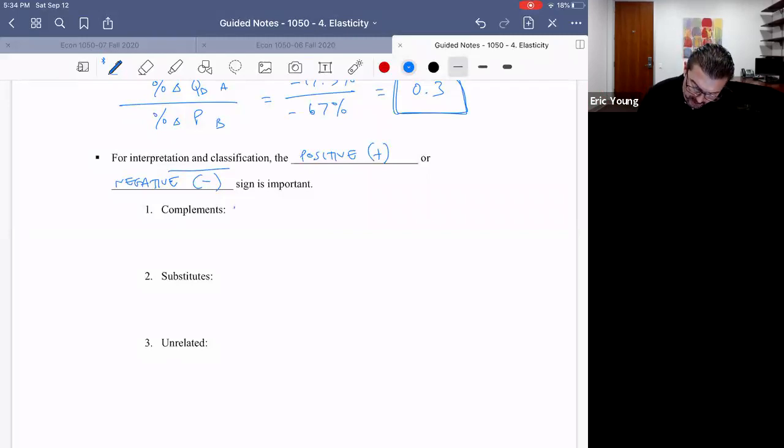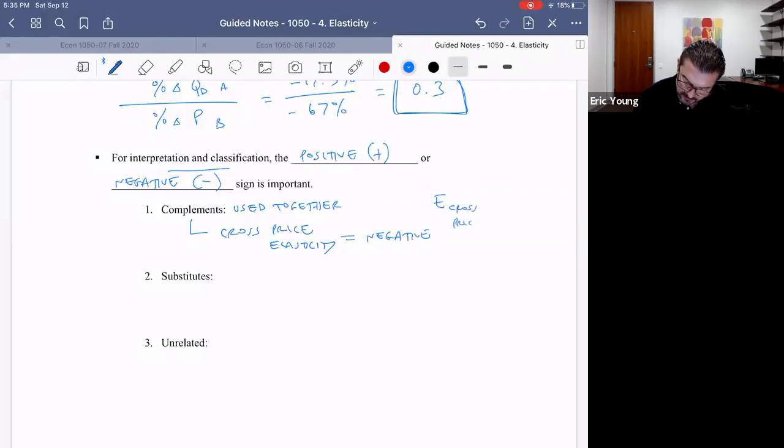Remember, complements are two goods that are used together. And therefore, since they're used together, for complements the cross-price elasticity is going to be negative. In other words, the elasticity cross-price coefficient is going to be less than 0.